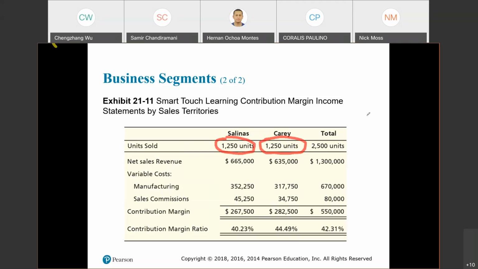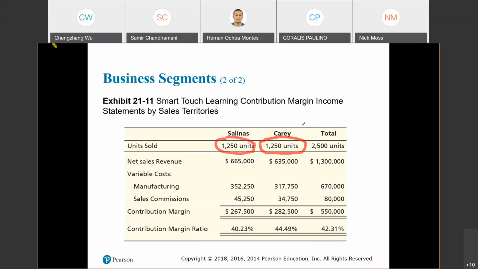In this table, we can see although they sold the same amount of units, they had different sales revenues, different variable costs, manufacturing costs, and different sales commissions.